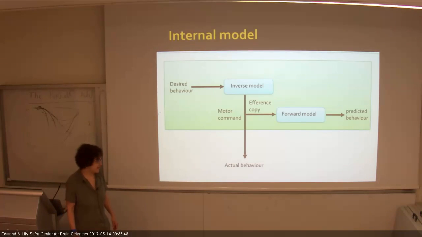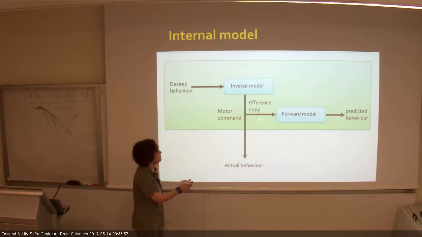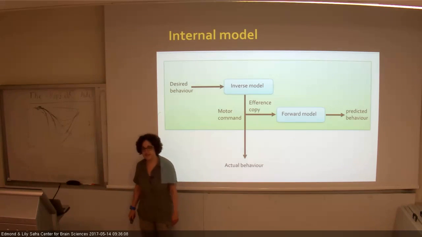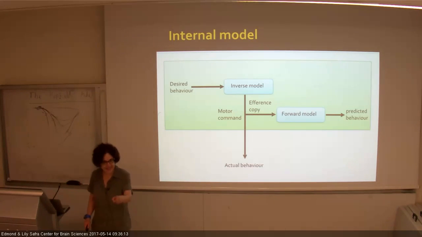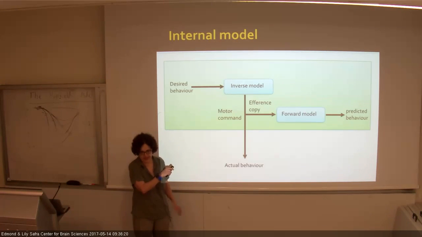You say there is an inherent contradiction: how come there is a discrepancy between the forward model and the inverse model, when the inverse model generated the motor command? It's like me checking my own exam. But you can check his exam, and that would be a better thing. So these are not necessarily the same site.